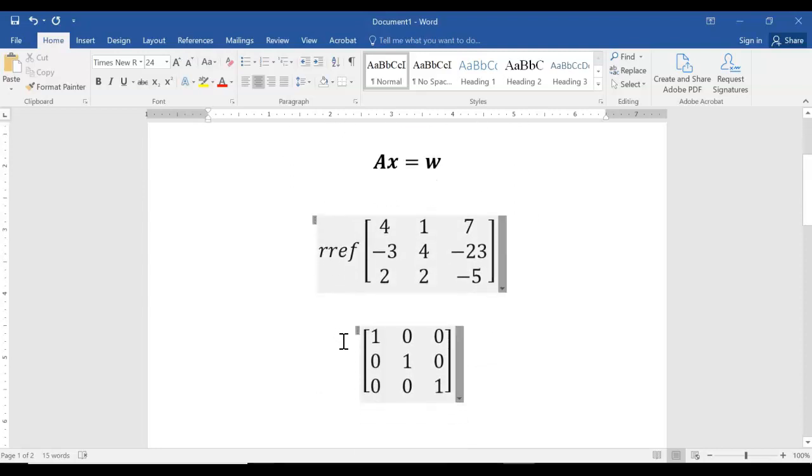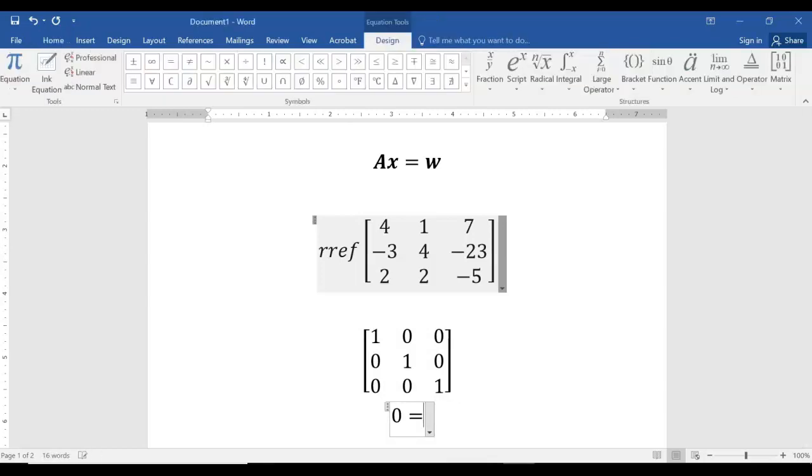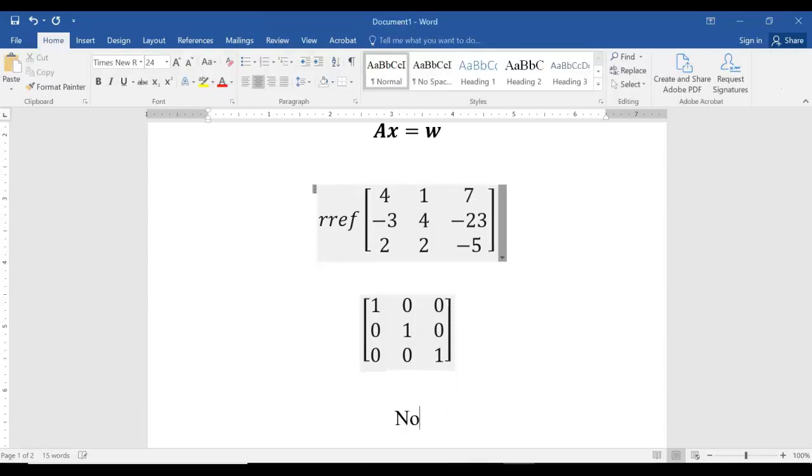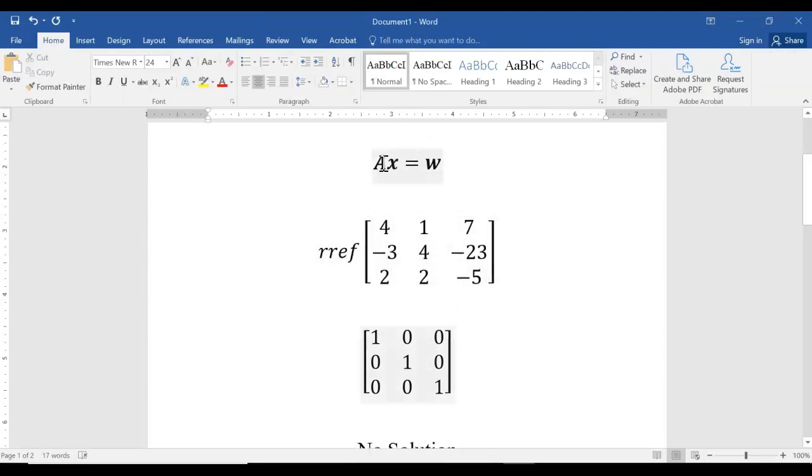When you put that in row-reduced echelon form, that bottom row is going to represent the 0 equals 1 thing, right? So we get 0 as our coefficients for x1 and x2 equals 1. So 0 equals 1, which just means that there is no solution to this matrix equation up here.